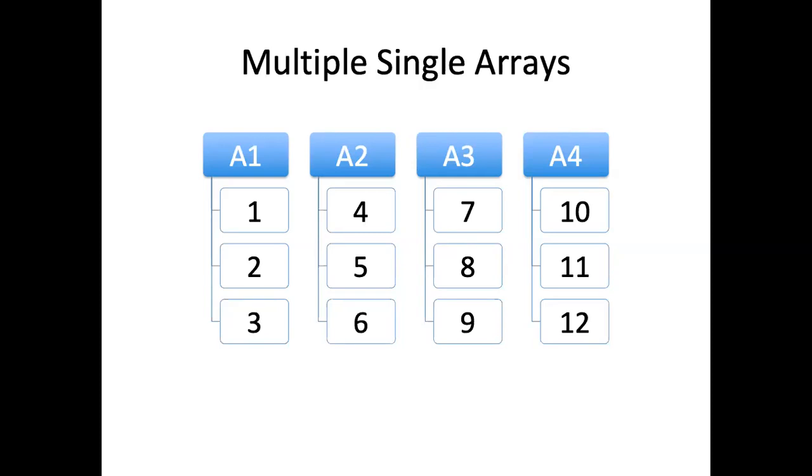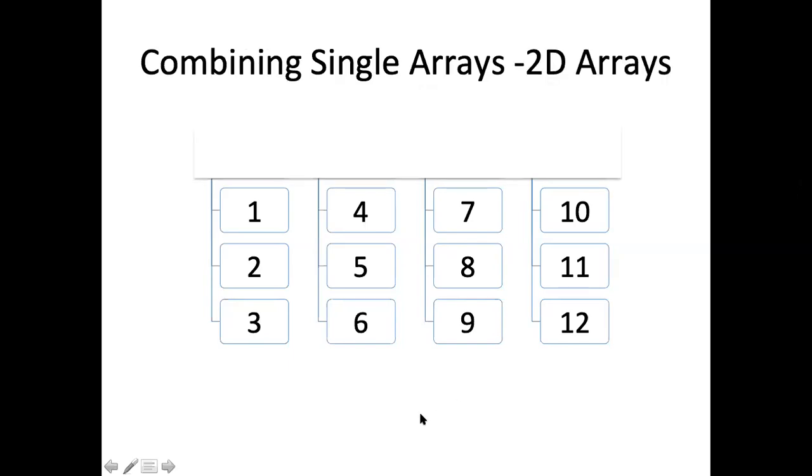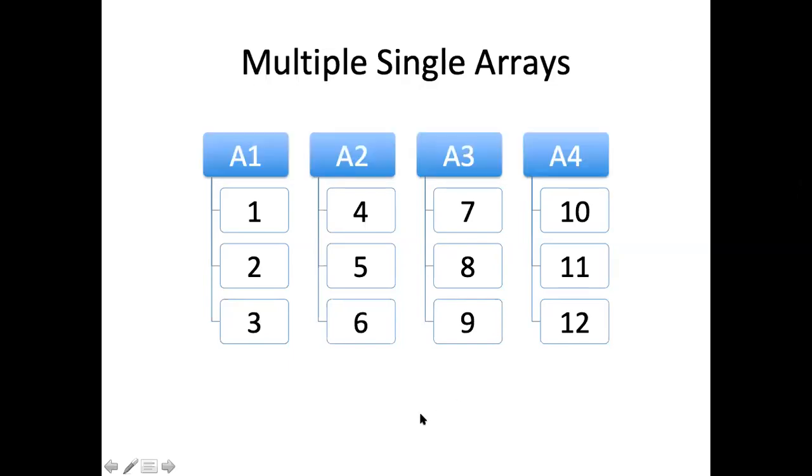Then A2 is another single array that contains 3 elements again. A3 and A4 are again single arrays present here. So single arrays here mean one dimensional arrays. Okay, so 1D array.